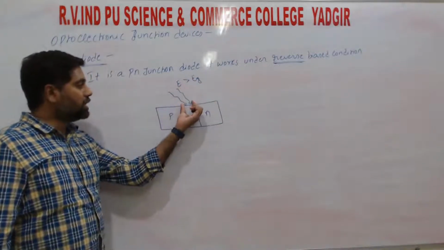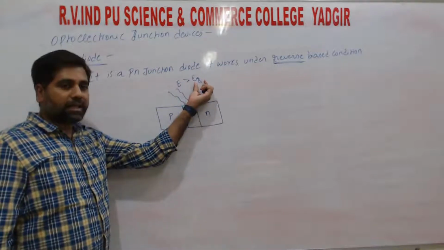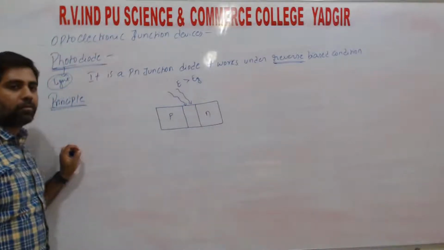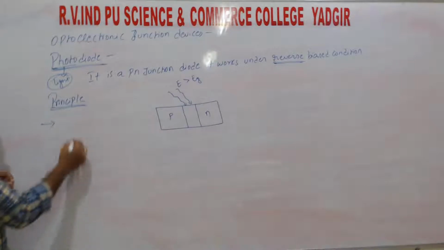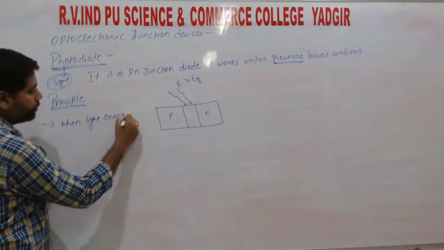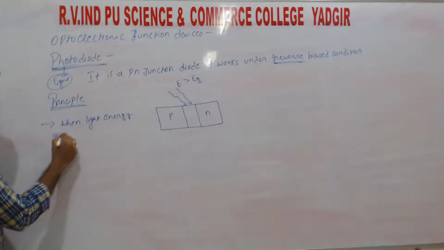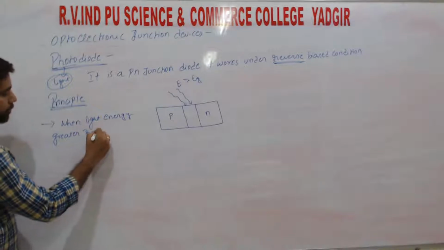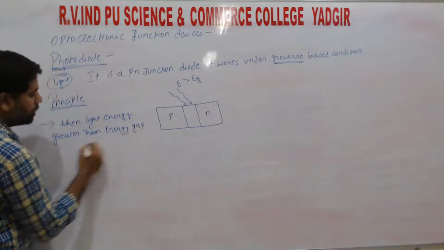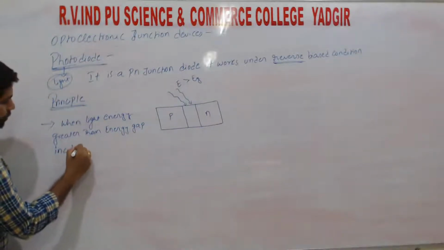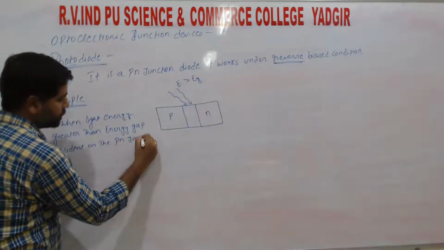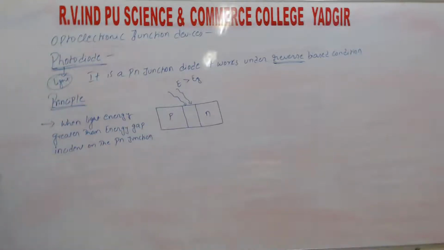So if the energy of the incident light is greater than the energy gap, then electron and hole pairs are formed, right? So the first point is when light energy greater than the energy gap is incident on the PN junction, right?